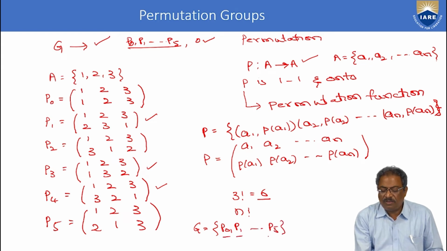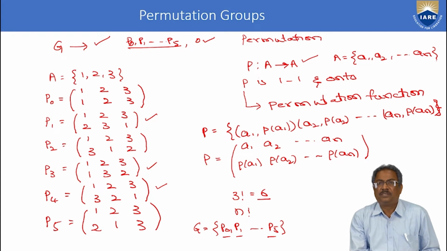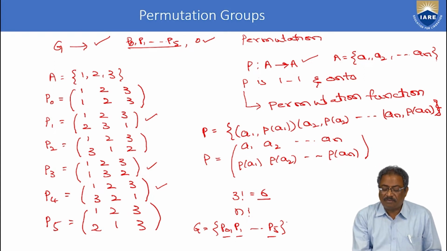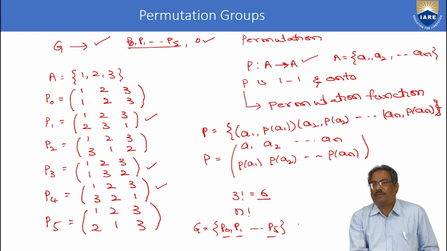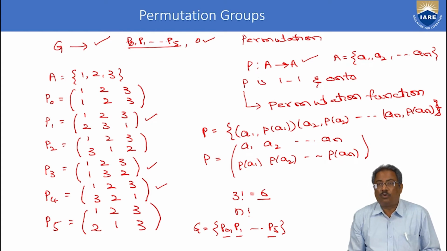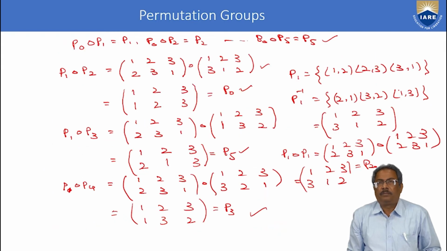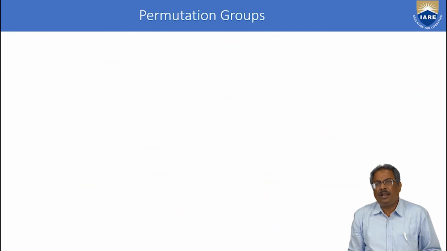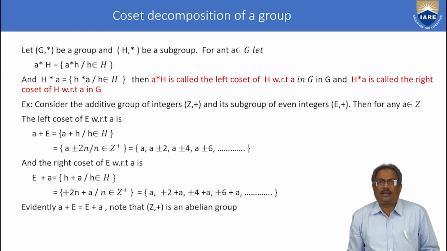Each and every one is a permutation function. Suppose it has n number of functions; in the same way, it also becomes a group under binary composition.